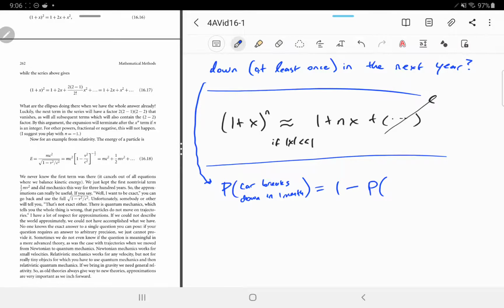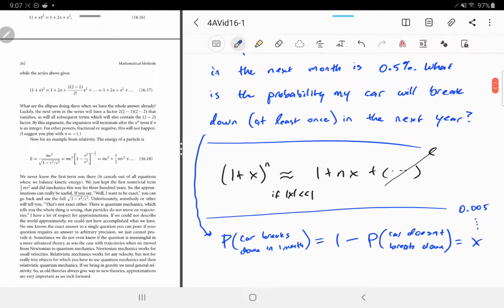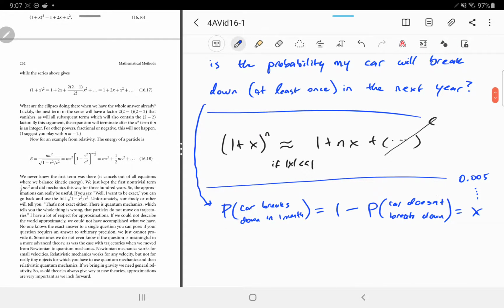The car either breaks down or doesn't break down, so when you add the two probabilities, you get 100%. Notice how this is what we're given in the problem statement. This is 0.5%, but a percent expressed as a number is 0.005. So the probability that the car breaks down in a month is x, where x is a really small number.